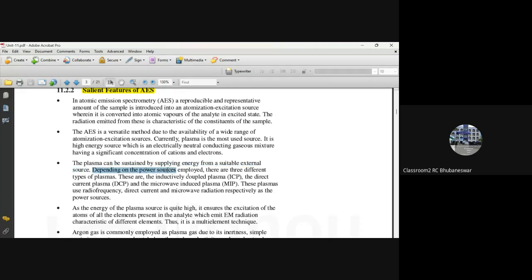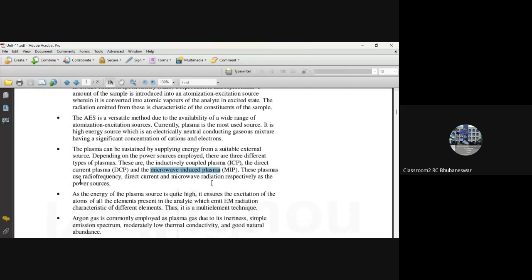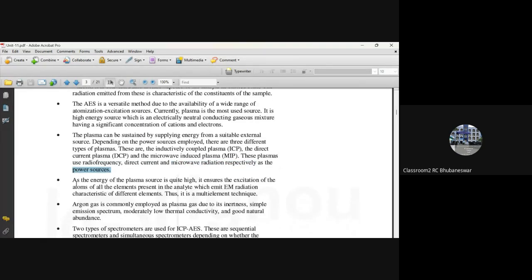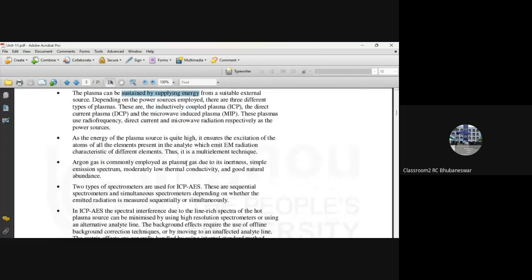Depending on the power sources employed, there are three different types of plasmas. These are inductively coupled plasma, which we saw today, and the direct current plasma and microwave induced plasma. So these plasmas use radio frequency, direct current, and microwave radiation respectively as the power sources. So in order to sustain it, you have to supply energy from some external sources too.